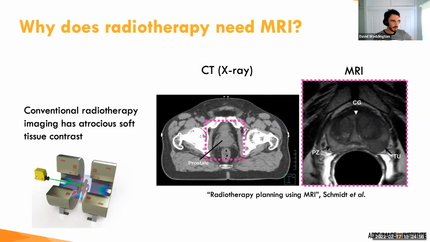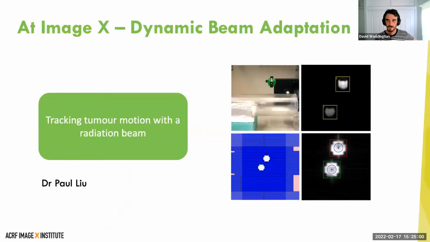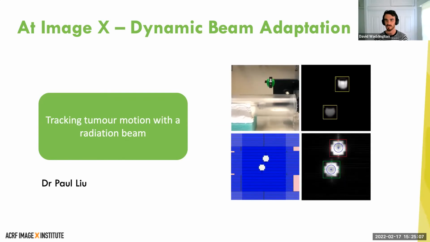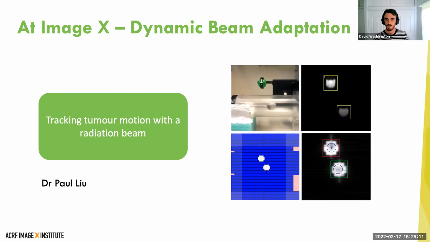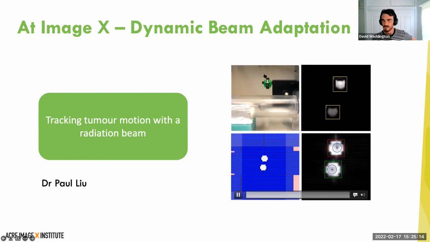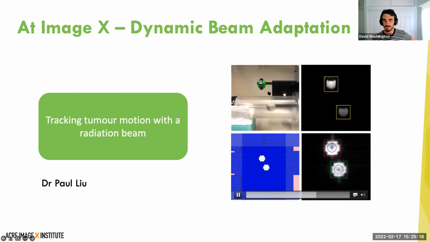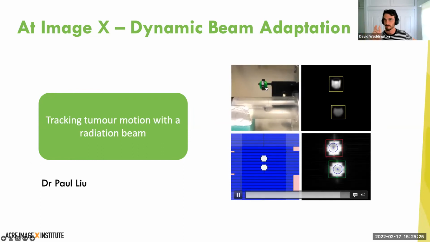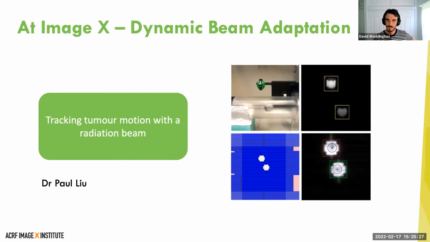At ImageX, some of you may have met Dr. Paul Liu, who has been leading the work on using MR imaging to dynamically adapt a radiotherapy beam. For those of you who have been in the clinic, what we have here is a moving phantom that's mimicking lung motion, moving a hypothetical tumour.